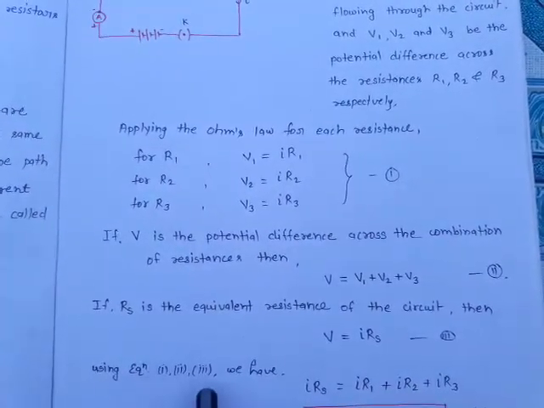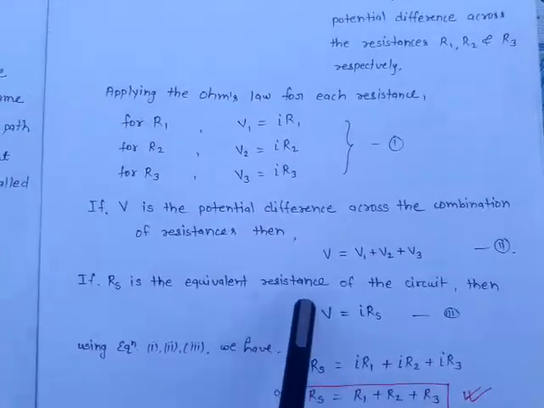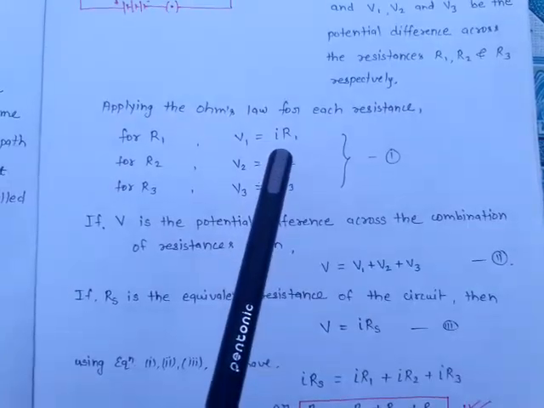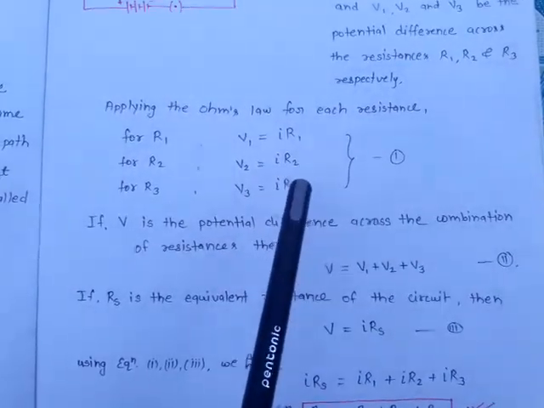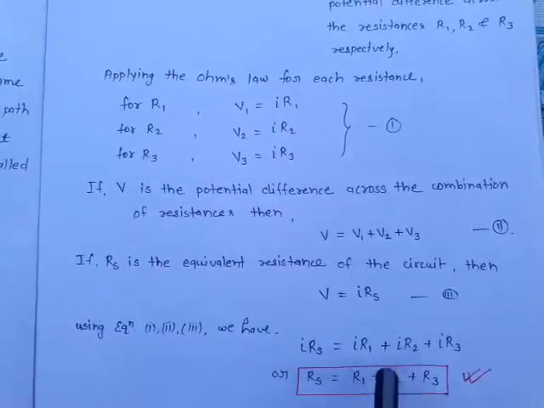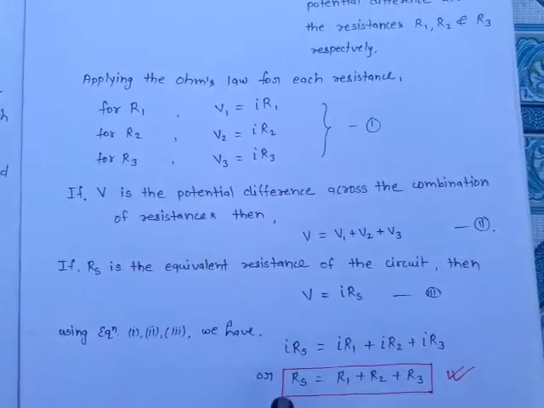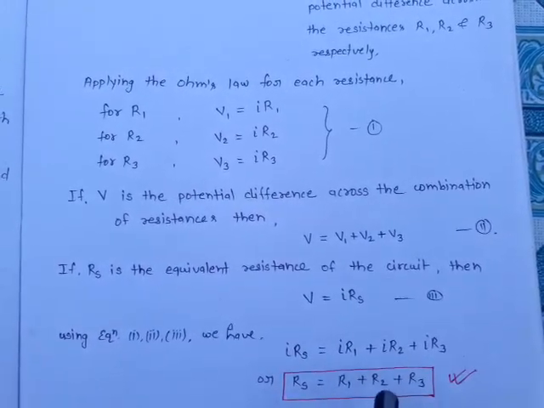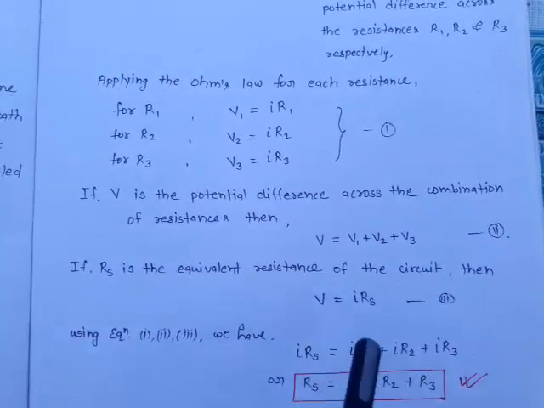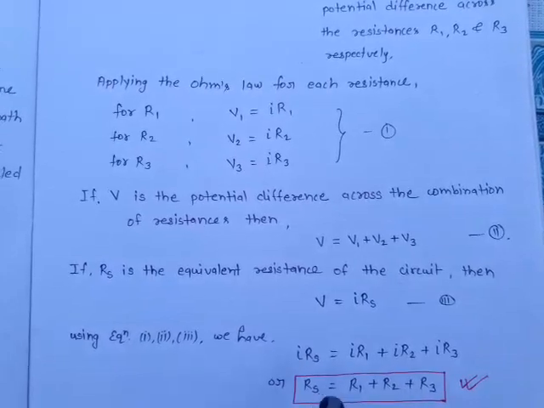From equations 1, 2 and 3, in place of V we put IRs, in place of V1 we put IR1, in place of V2 we put IR2, in place of V3 we put IR3, and after this we get Rs is equal to R1 plus R2 plus R3. This is the mathematical expression for series combination.